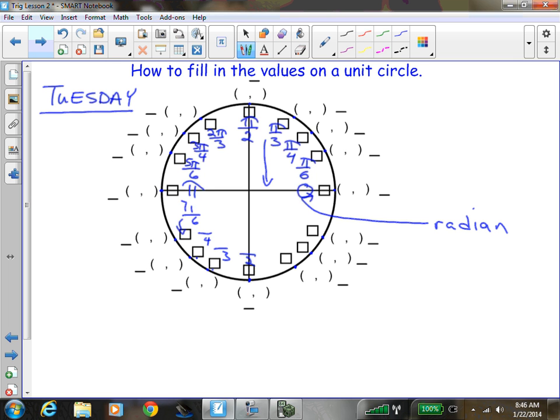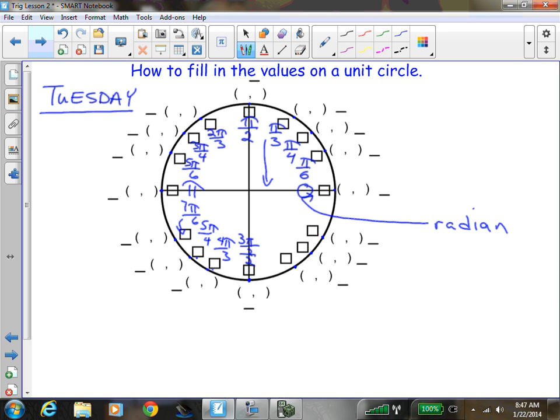So this will be 7 pi over 6, 5 pi over 4, 4 pi over 3, 3 pi over 2. Notice that 3 pi over 2 is really not in the third quadrant, but it's not in the fourth quadrant either, but it behaves according to the rule for each of them. So if you use the rule for the third quadrant, it gives you the right answer.